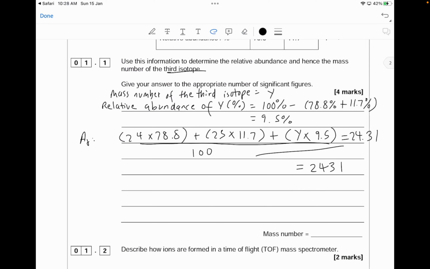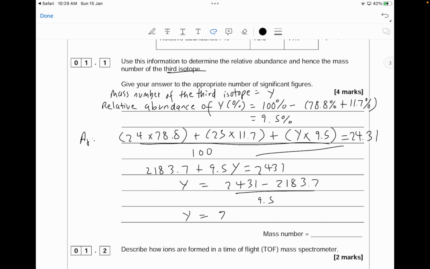That's going to give you a value of about 2183.7 plus 9.5 Y. Now this is basic algebra, what I'm doing here. We're going to rearrange this in terms of Y. So it's going to become 2431 minus 2183.7. Hopefully your algebra is strong, because you have to know how to solve this type of question by rearranging it to make Y the subject of the formula. So indirectly we're going to get the value of the mass number of Y to be 26.03.